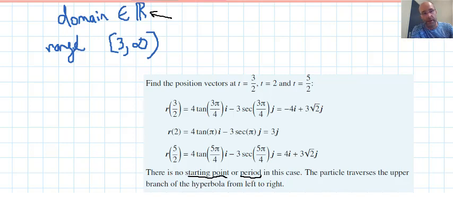The functions you might know from your previous knowledge, tan and sec, don't repeat in a periodic manner like sine and cos do. So there's two ways you can tell that there's no period. It's not periodic, and the particle moves from left to right. You can see that by putting in some subsequent times.